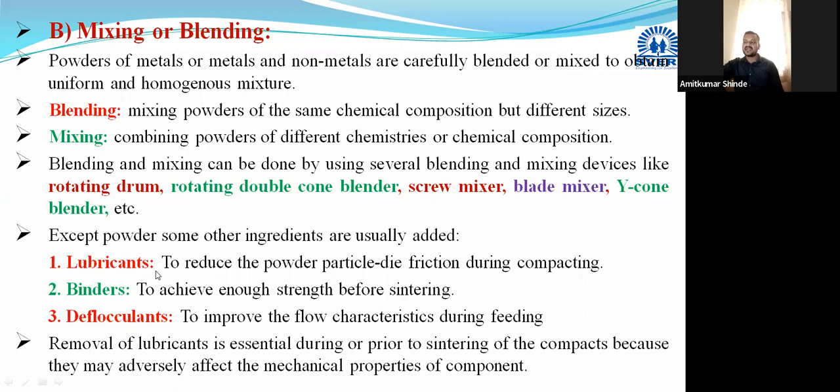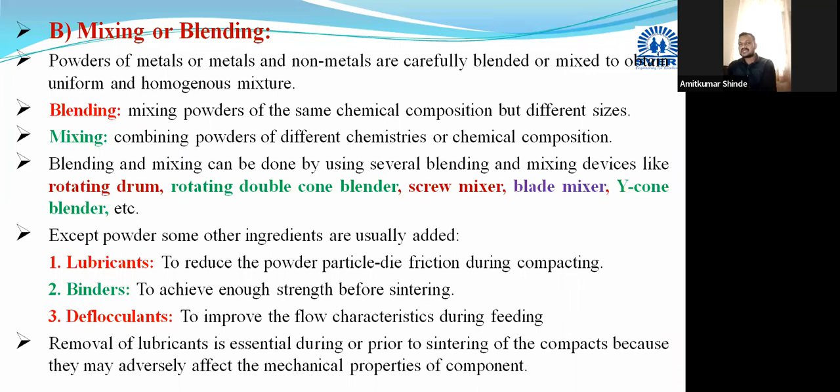Lubricants like graphite or silica are used, and those particles are removed before the start of sintering, because if the lubricant gets carried into the final product, it will reduce mechanical properties, like its strength. Hence these lubricants, which we add in the mixing or blending stage, are removed before the sintering operation.